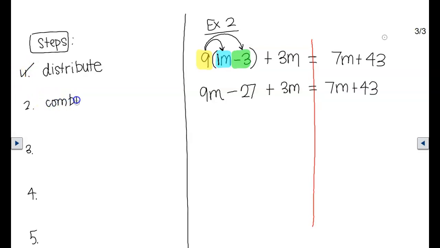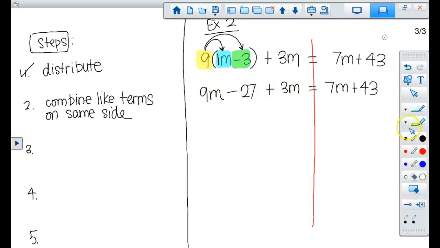All right, this is our new step. We're going to combine like terms on the same side. So they have to be on the same side of that red line that I've got drawn right down through my equation. So first I'm looking at side 1, to the left of that red line. I see 3 terms there. So let's get some colored pencils and start marking those.